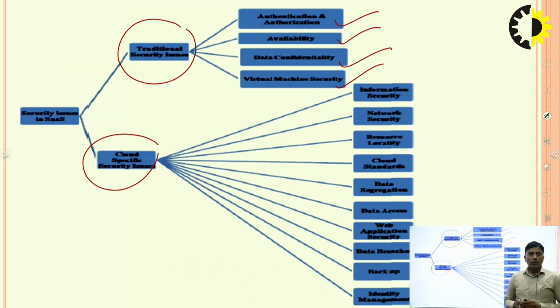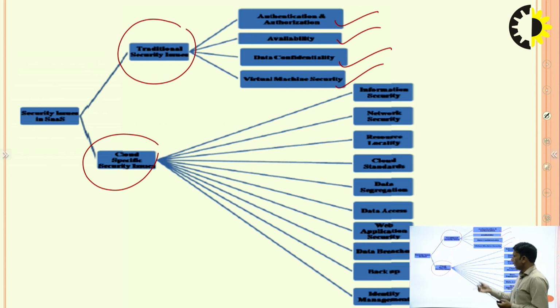Virtual machine security: in the cloud, when we want to take a server or computing device, it is configured and assigned to us in the form of a virtual machine, VM. So, there are a number of issues related to virtual machine security.